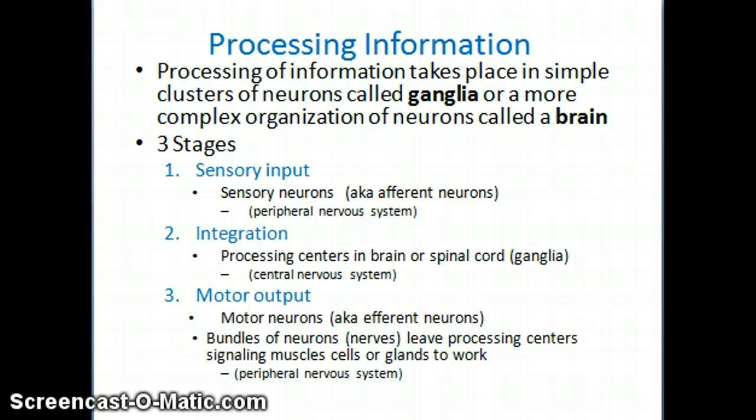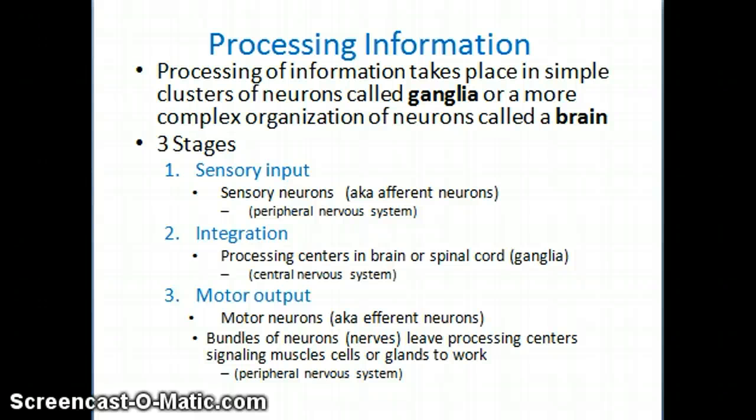And then the third step is going to be the motor output, and this is going to be via motor neurons, which are also known as efferent neurons. Efferent neurons are ones that move away from a central organ or point. So in this case, they're neurons that are moving impulses away from the central nervous system.